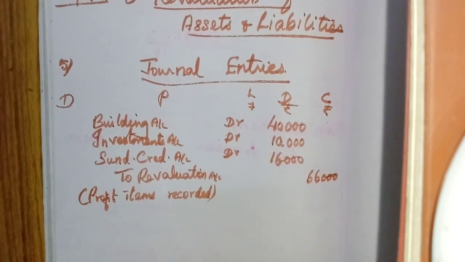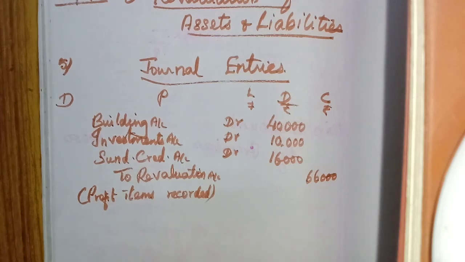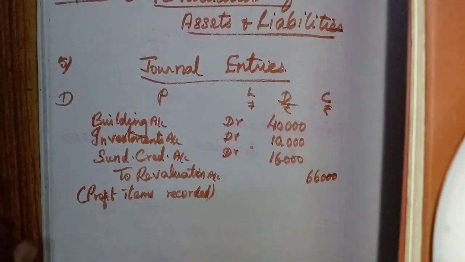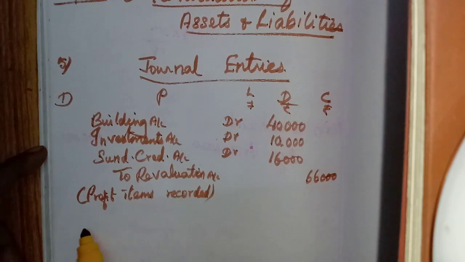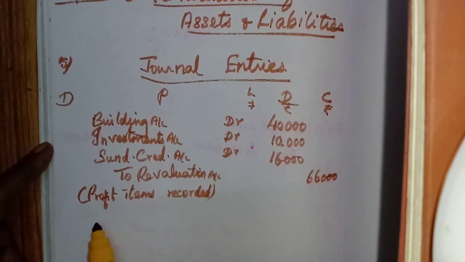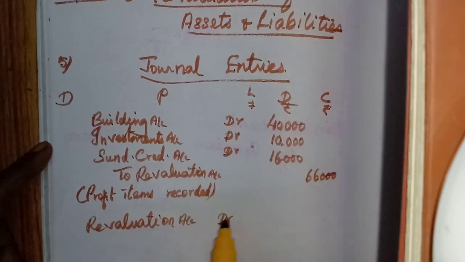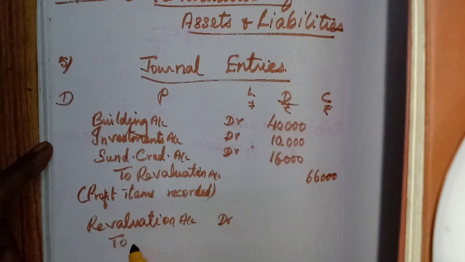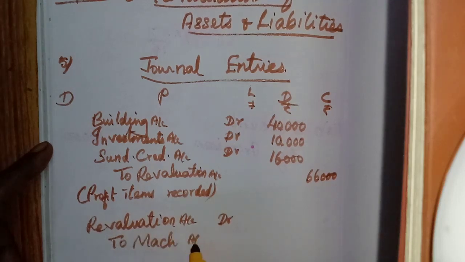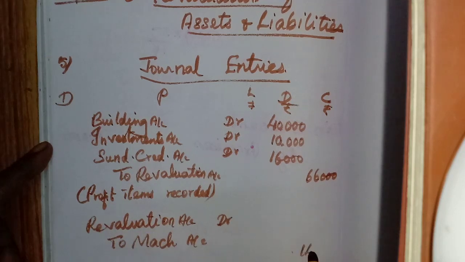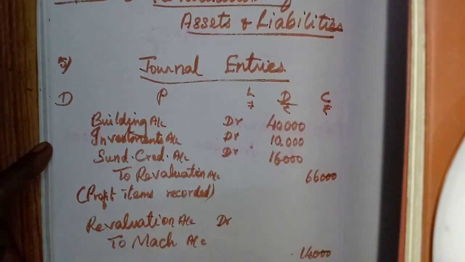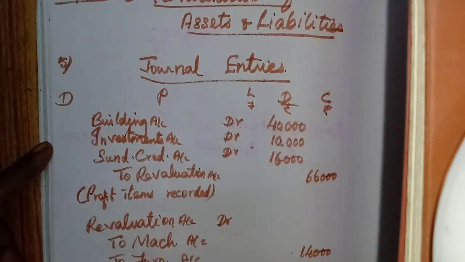Now the second one, loss, only one. We have to debit the revaluation account to machinery. Machinery account 14,000, to furniture account 12,000.